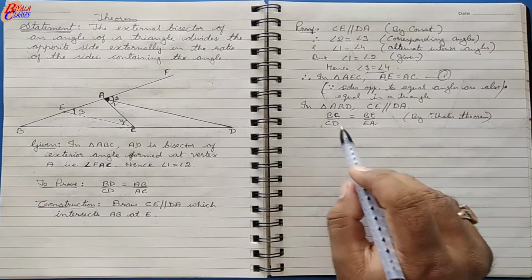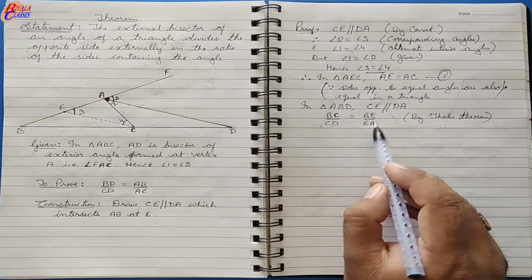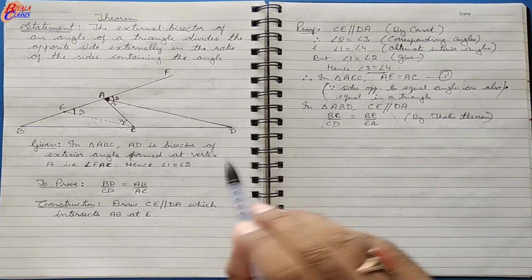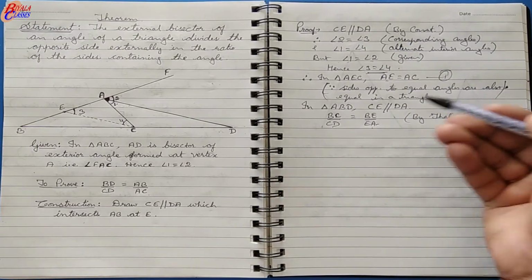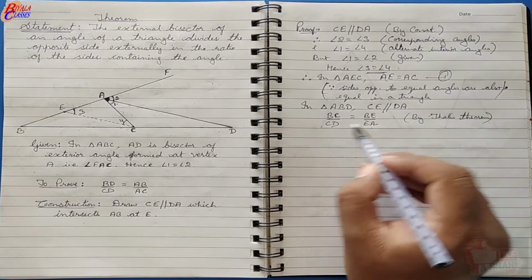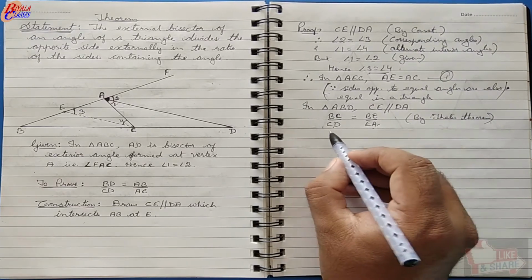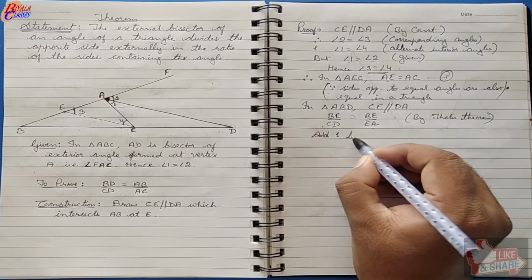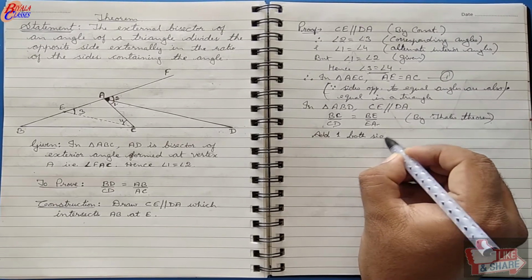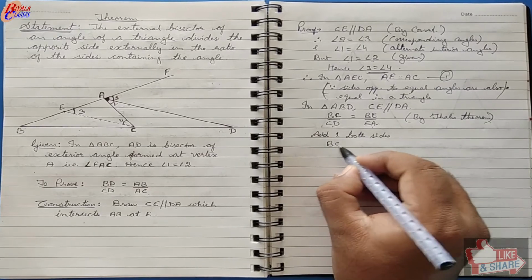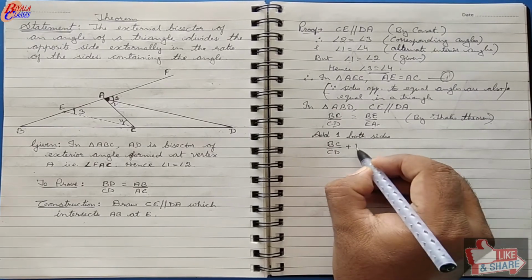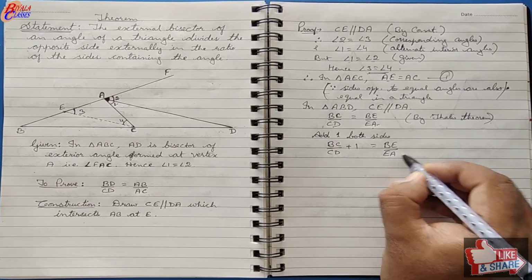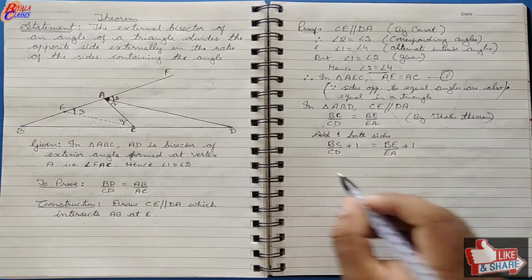Now instead of this result, we can use the other result of Thales theorem. There are more results which can be obtained by using this. I'll show you that also. That is adding 1 on both sides. If you add 1 on both sides, you get BC upon CD plus 1 equals BE upon EA plus 1.